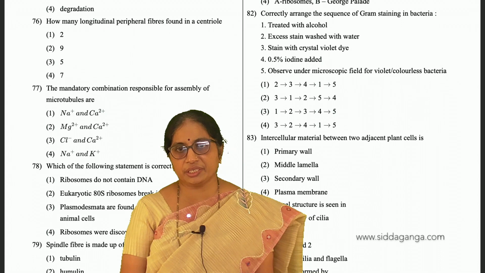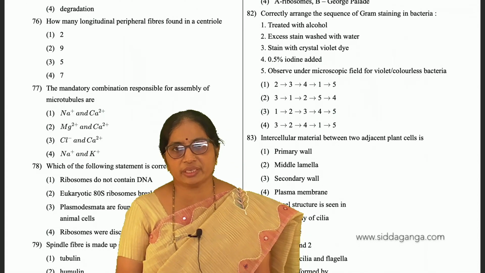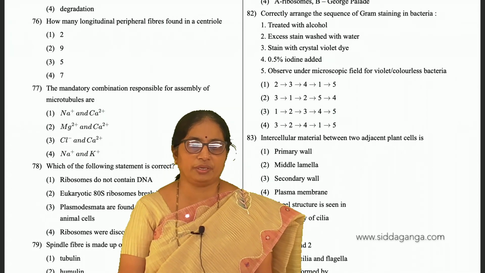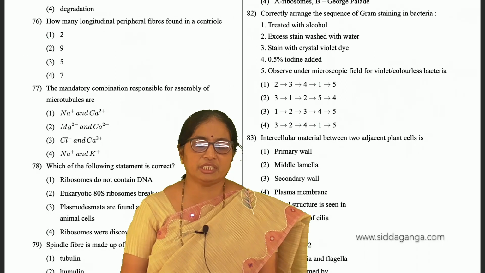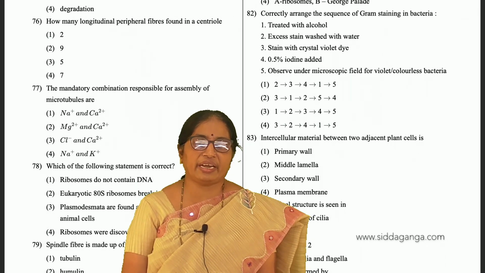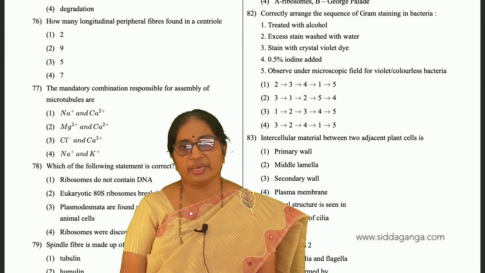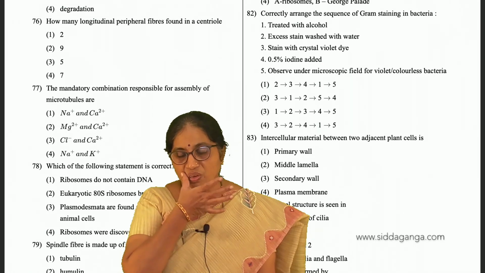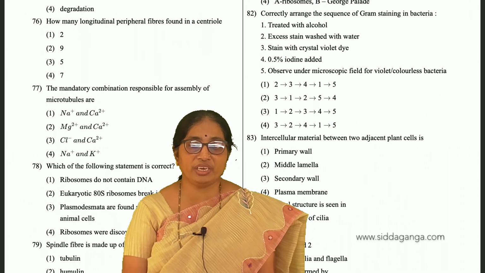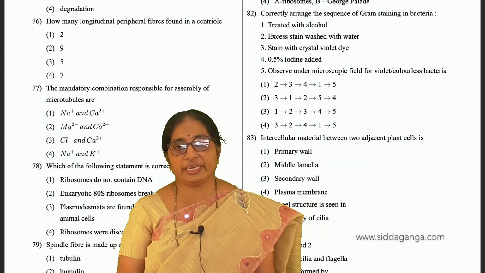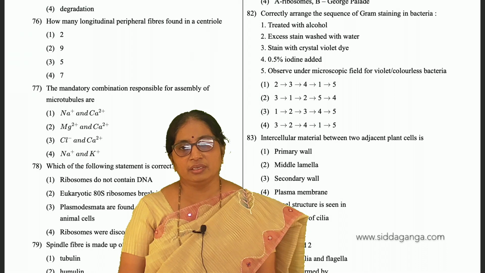First you are going to do that, then the excess stain is washed with water. First the bacterial cells will absorb the stain, and then if they are dipped in water, the excess stain is removed, and 0.5% iodine is added so that it will take the color, and then it is treated with alcohol.